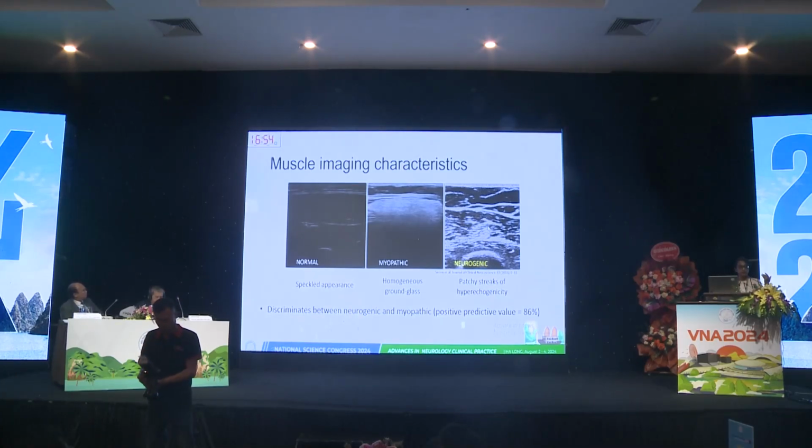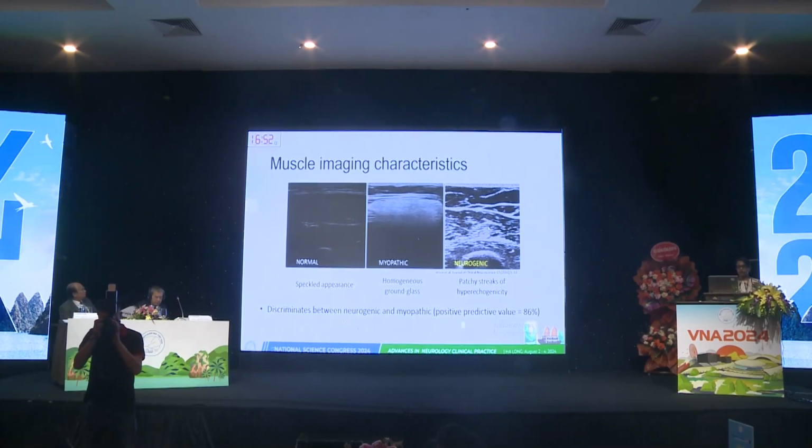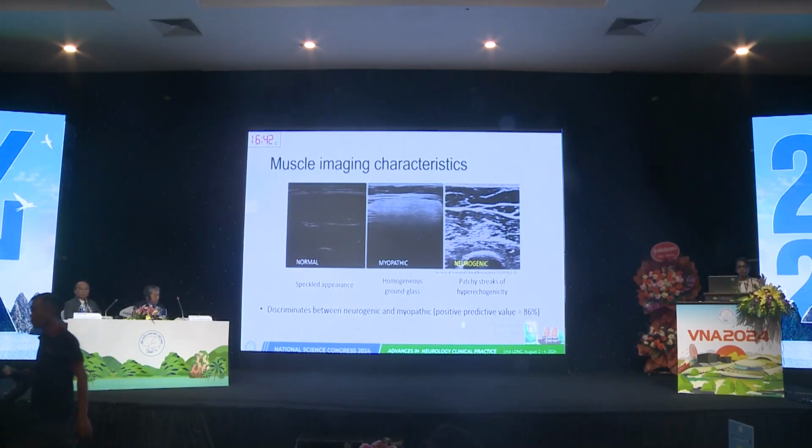And when it's a neurogenic problem, you might see that it's very speckled, so scattered, as opposed to the whole muscle looking white. These are just to give you an idea, because I'll be showing lots of images, so that you see what the baseline is and you can understand how we apply it when we are approaching diagnosis of patients with different types of neuromuscular diseases.